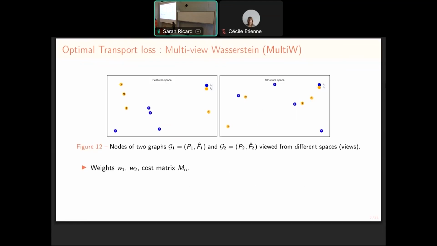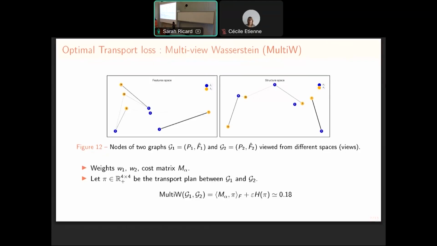It will look like this. So if we give the same weights to the blue nodes and to the orange ones, then we will have a transport plan. The darker lines mean that we move more weights. And as you can see, we won't move much weight between nodes 9 and 3, even though they are close together in the feature space, because it would cost a lot to move the weights in the structure space.